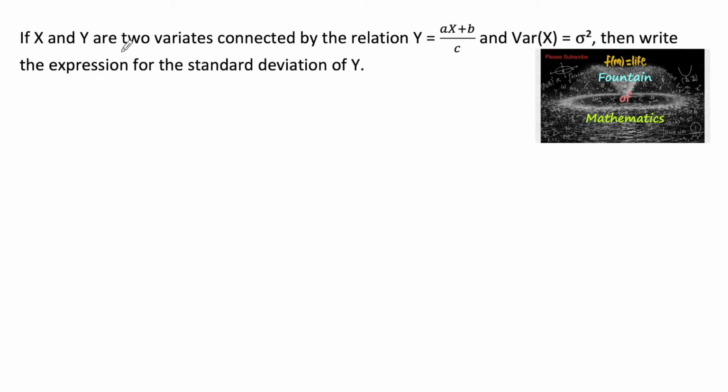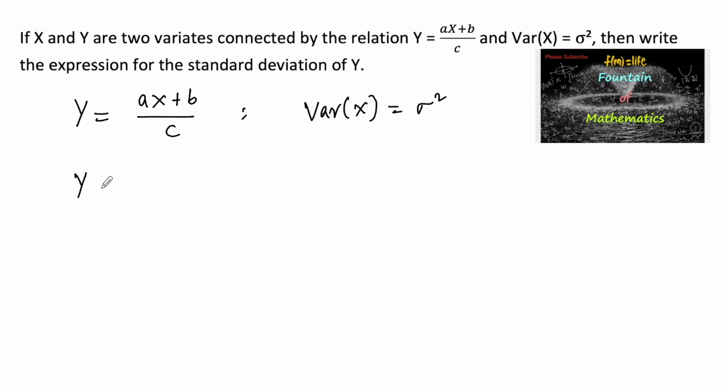If x and y are two variates connected by the relation y is equal to ax plus b upon c, where a, b, c are constants, and variance of the variable x is equal to sigma square, then write the expression for the standard deviation of y.